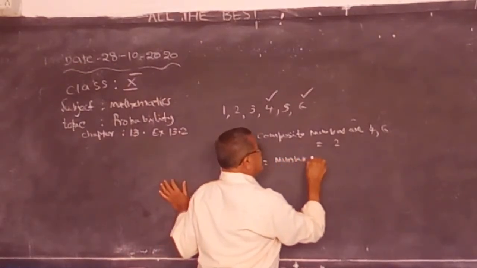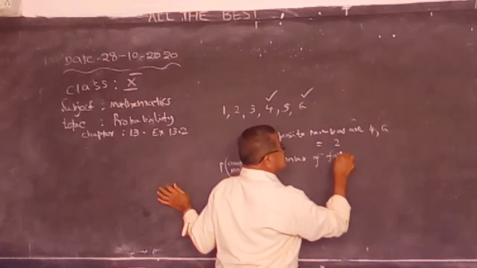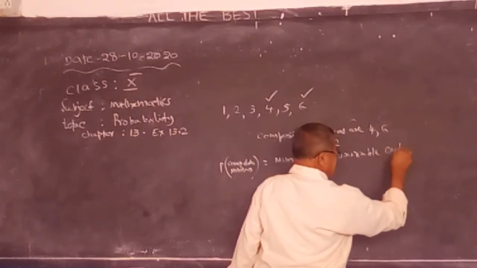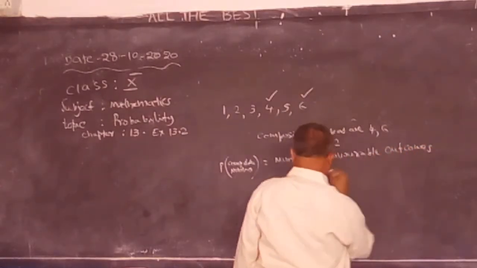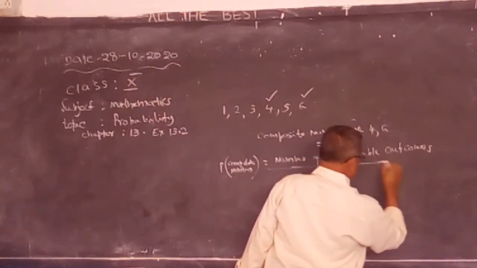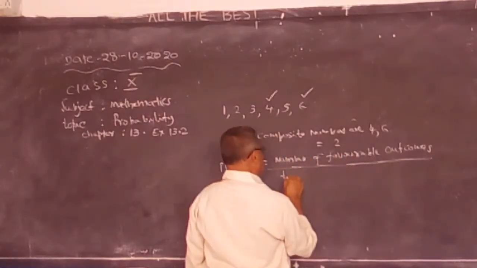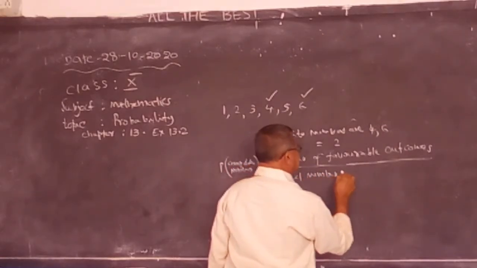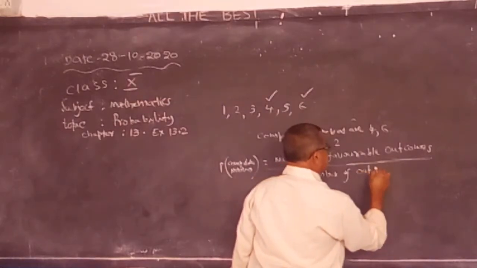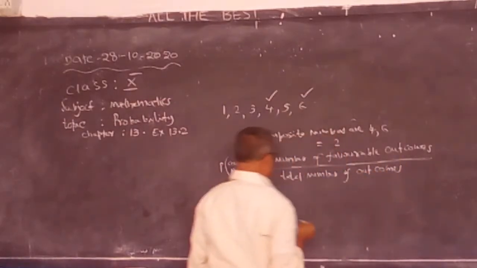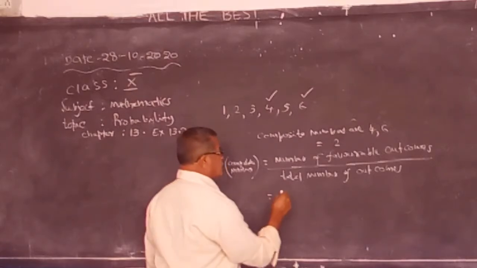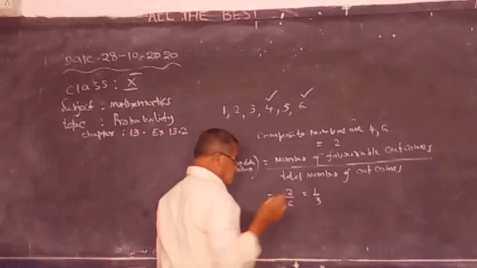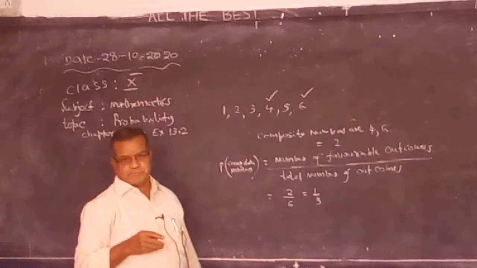Number of favorable outcomes by total number of outcomes. See here, favorable outcomes are 2. Total outcomes are 6. Answer is 2 by 6, that is 1 by 3.